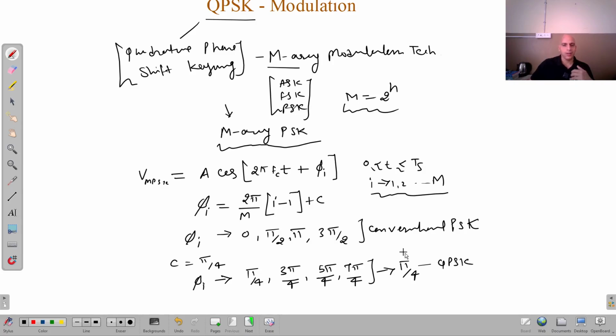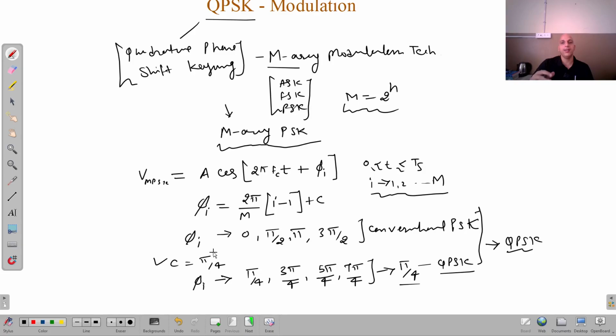So this was known as pi by 4 QPSK. Although both these modulation techniques are called QPSK, quadrature phase shift keying, right? Both these techniques are called quadrature phase shift keying techniques, but this is called pi by 4 QPSK because we are using the value of constant equal to pi by 4. So this is about the quadrature phase shift keying modulation technique.